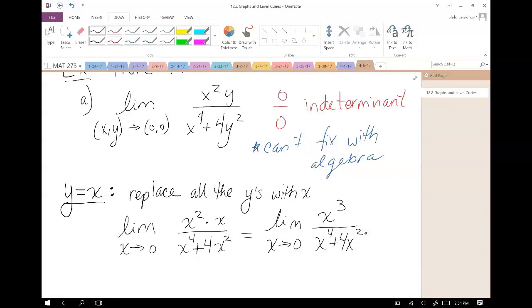So we replaced all the y's with x. And now it's just a limit with one variable. It only has x.